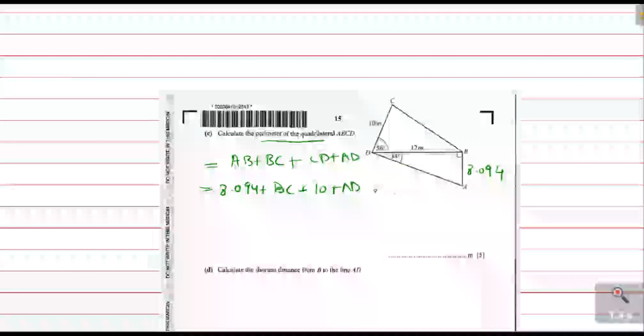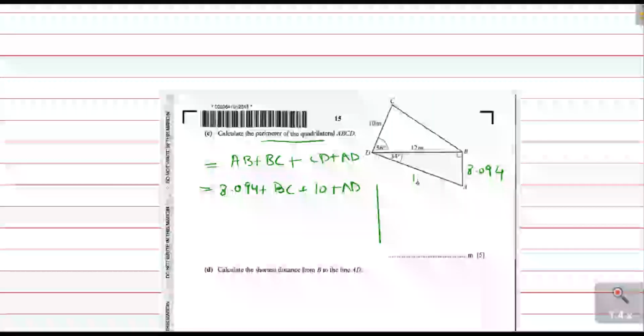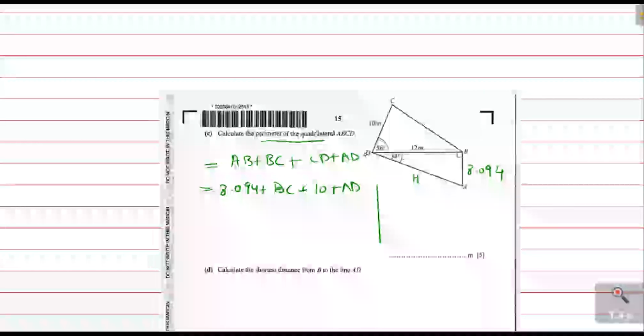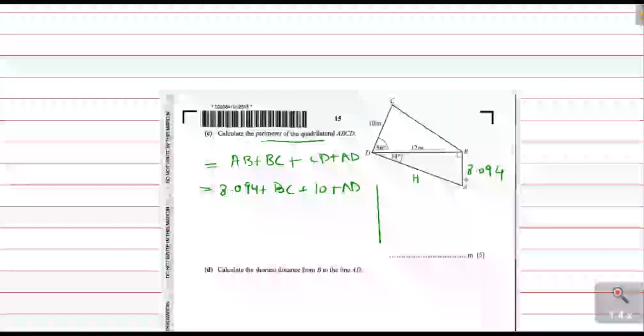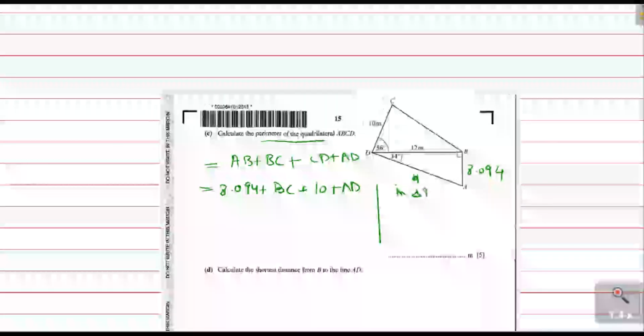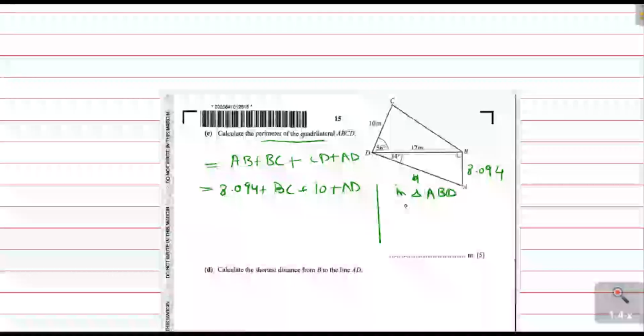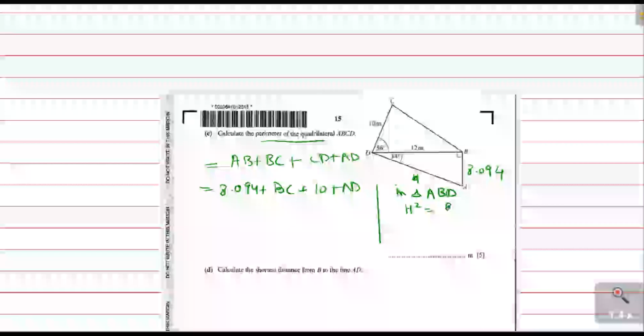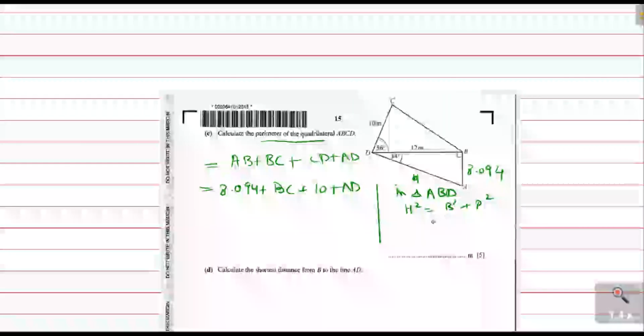Firstly, we calculate the length AD. This length AD we can calculate by using Pythagoras theorem, because the triangle ABD is a right angle triangle. So we write in triangle ABD, the hypotenuse square equal to base square plus perpendicular square.